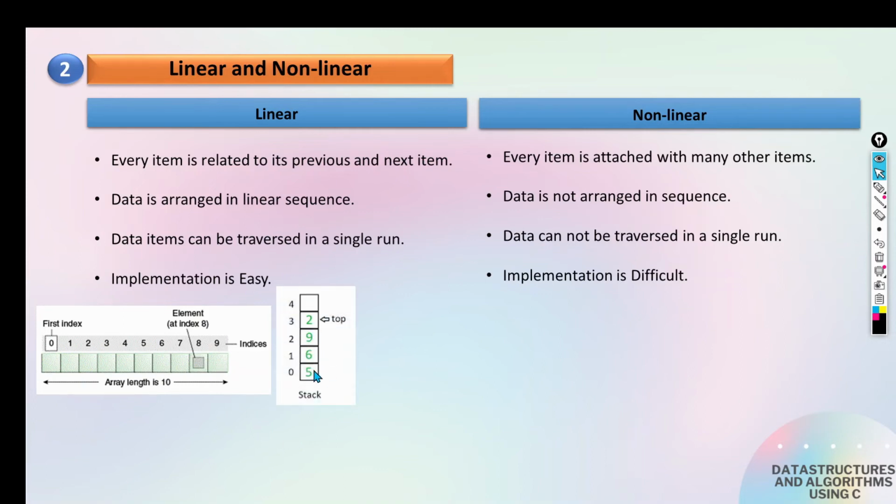Getting? You can take a stack. A stack is a list of elements. Only the thing is, the way in which that memory is manipulated is different. Here you can add or remove only from one end. From here only you can add the elements or remove the element. That is push and pop. Getting?